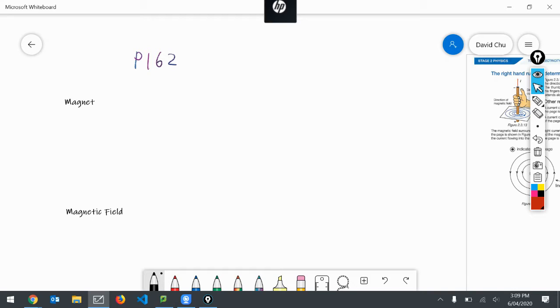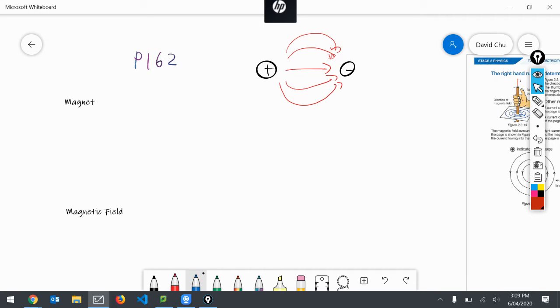So, magnet. First of all, we talked about charges, as in electrical charge. You have positive charge, sometimes negative charge, and then you have field lines that go like this. If you have a small positive charge, these are the field lines it's going to experience.